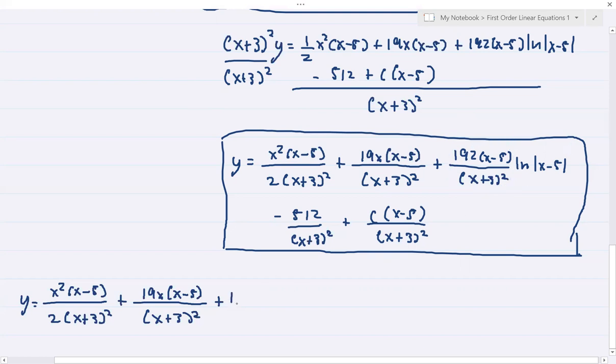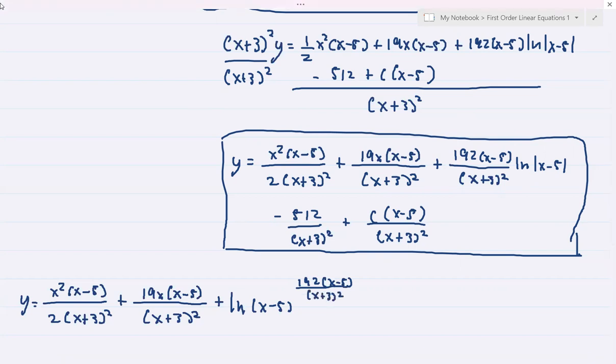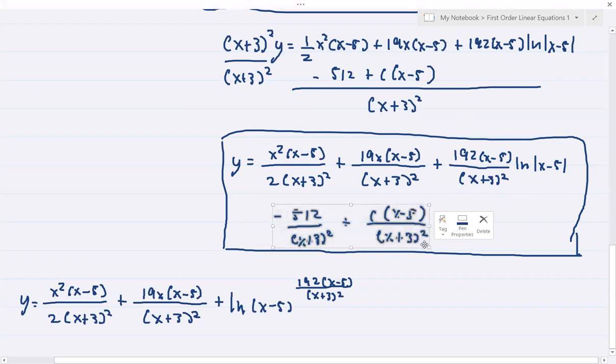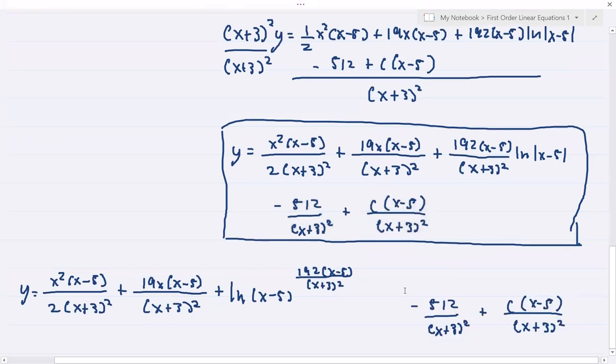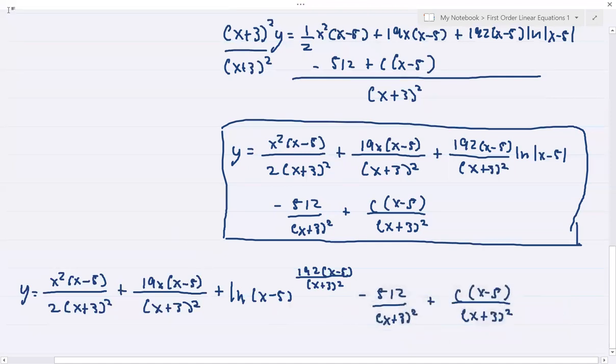So we will have ln of x minus 5 raised to 192 times x minus 5 all over x plus 3 raised to 2. Okay. Then you're going to copy the other terms here. So yeah, that is your final answer.